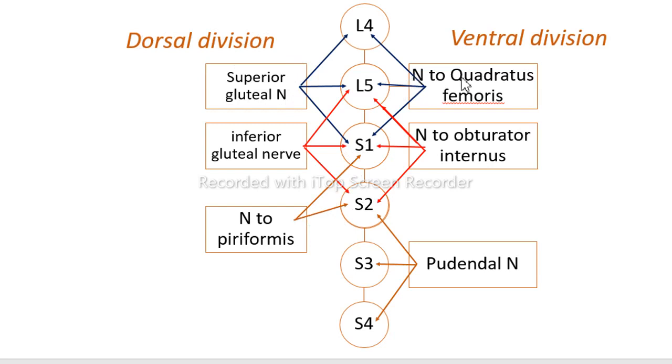Nerve to quadratus femoris root value, ventral division, is L4, L5 and S1. Nerve to obturator internus is L5, S1 and S2. Pudendal nerve root value is S2, S3 and S4, ventral division.